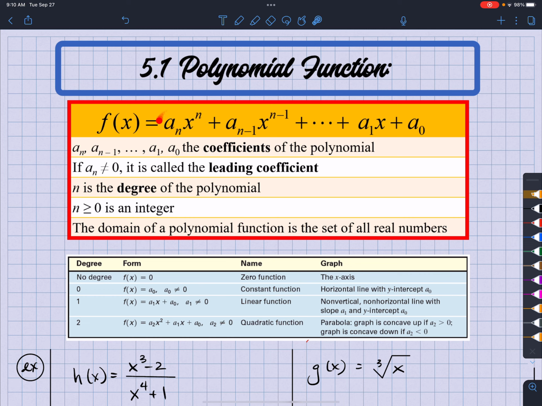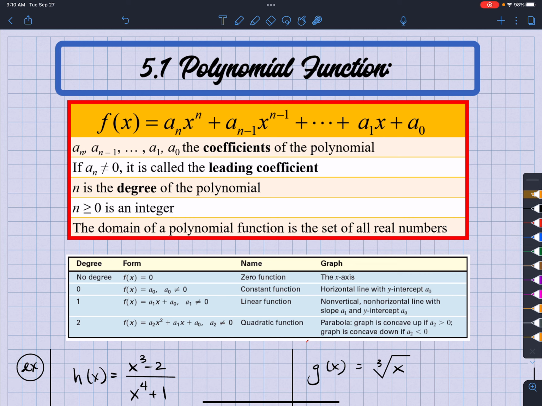The term that has the largest power, that coefficient will be considered the leading coefficient. And the degree of the polynomial is based on the largest power. So whatever the largest power is, that's your so-called degree of the polynomial.